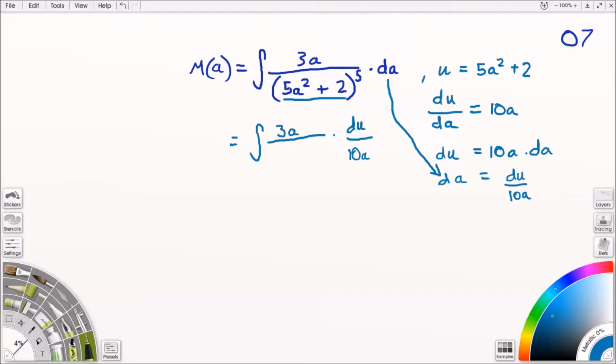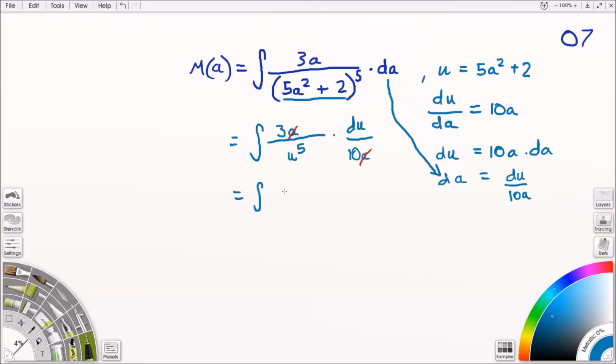And then how we get rid of this a here is by making this u. So u, and it's still to the power of 5. So going further with this now, we can cancel these out, as I just said.